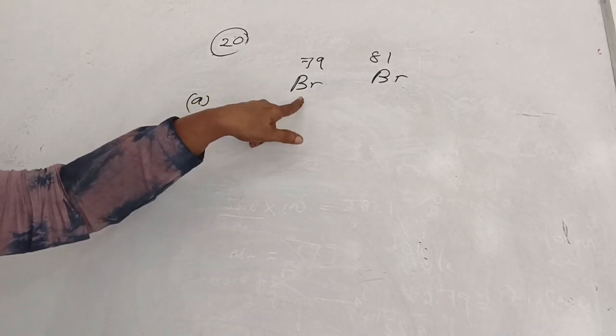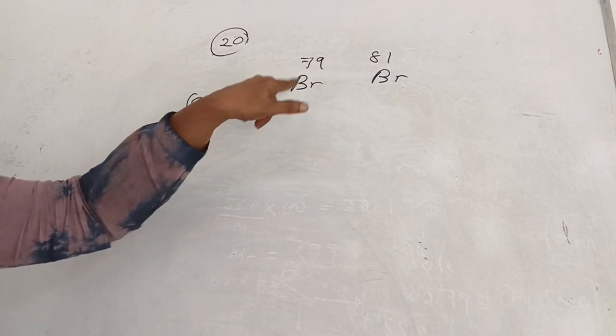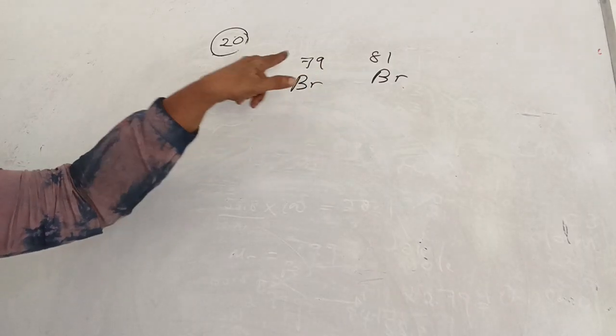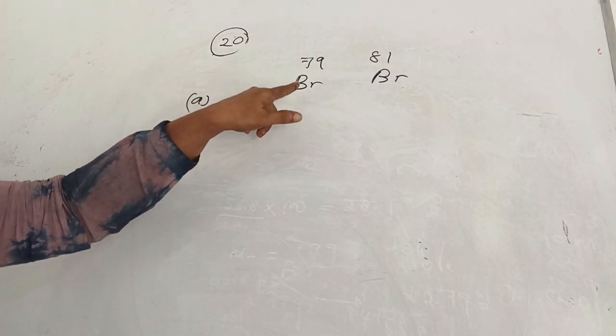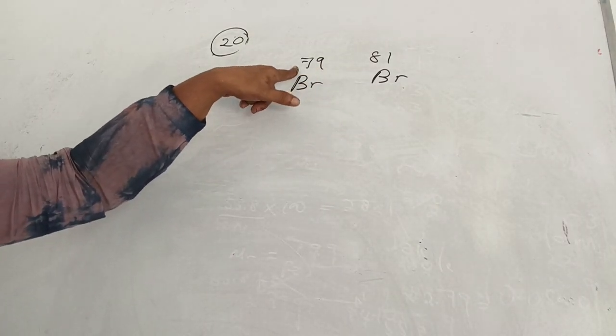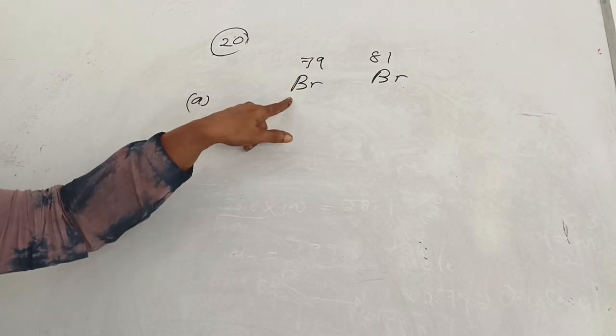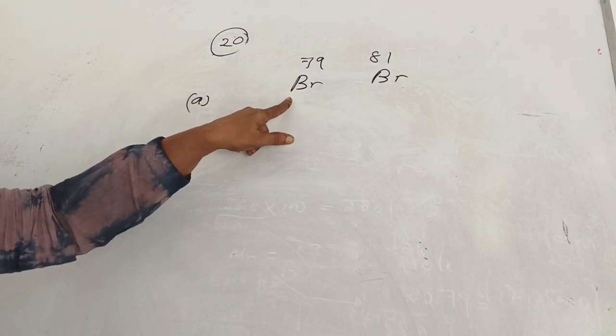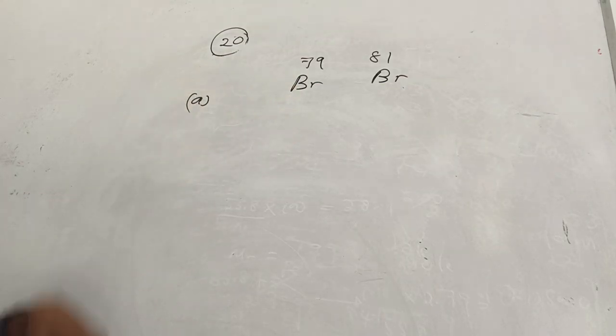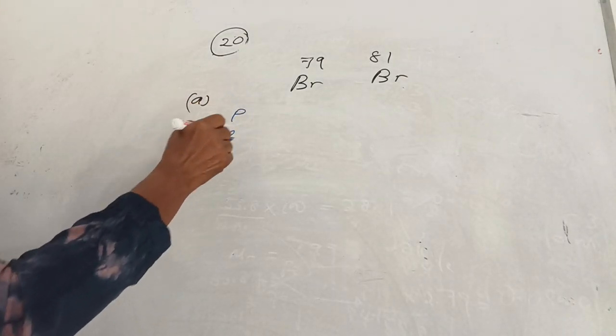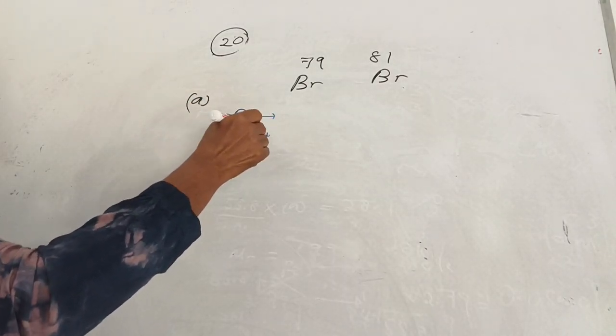Isotopes means atoms of the same element that exist with the same number of protons but a different number of neutrons, or you can refer to the same atomic number but a different mass number, because it is just 1 mark. Complete the table. You're asked for the protons, electrons and neutrons for each one.